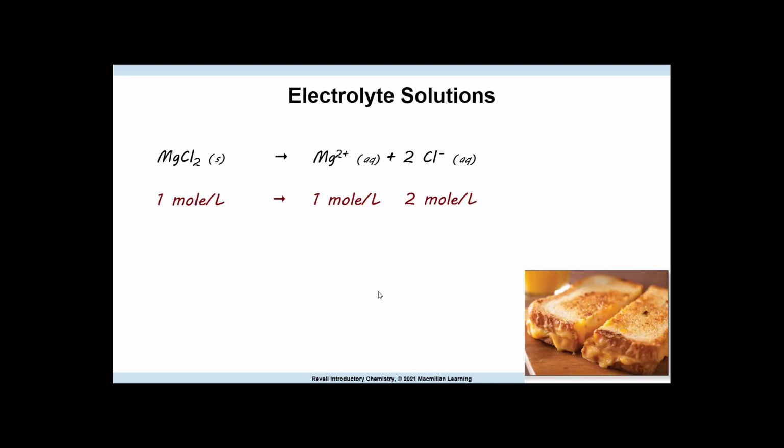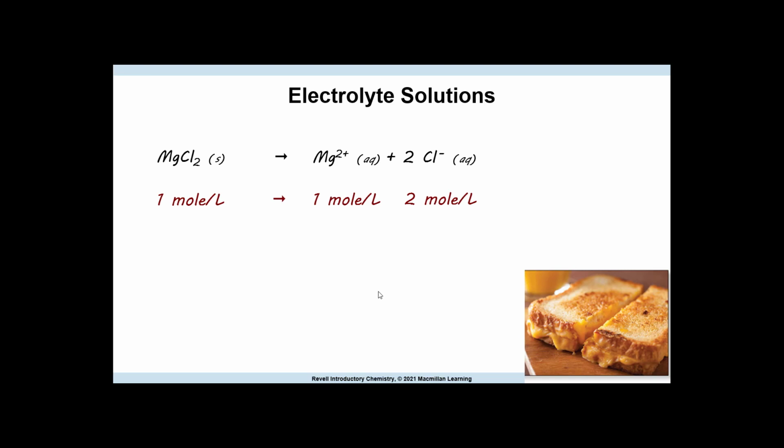Suppose 1 mole of magnesium chloride is dissolved in enough water to make 1 liter of solution. The concentration of magnesium chloride is 1 molar, or 1 mole per liter. However, magnesium chloride is an ionic compound, so it dissociates when dissolved in water, as shown in this ionic equation. Notice that when the solid dissociates, 2 moles of chloride ions form for every 1 mole of magnesium ions.